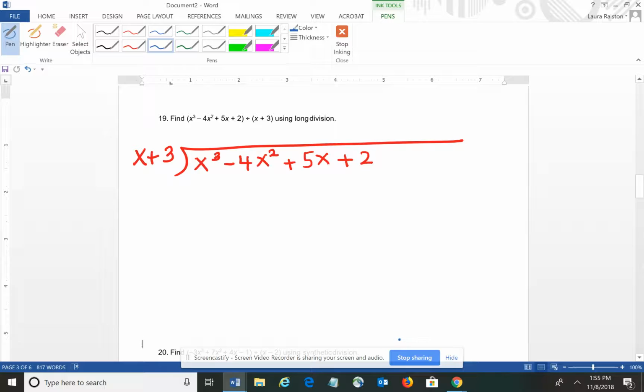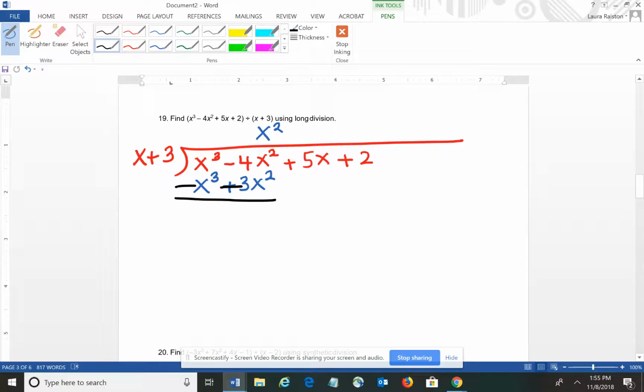What number times x would give me x to the third? Hopefully you realize that's x squared. So we multiply. X squared times x is x cubed. X squared times positive 3 is positive 3x squared. Then we draw the line and change the signs to do the subtraction.